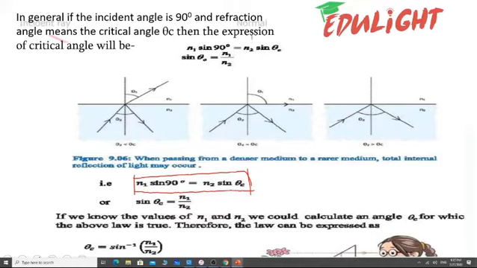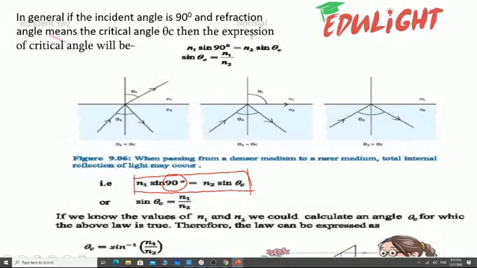Okay, what is happening here? The theta 1 there has been considered 90 degrees. That means theta 1 here represents the angle in the rarer medium, the refracted angle in this case.